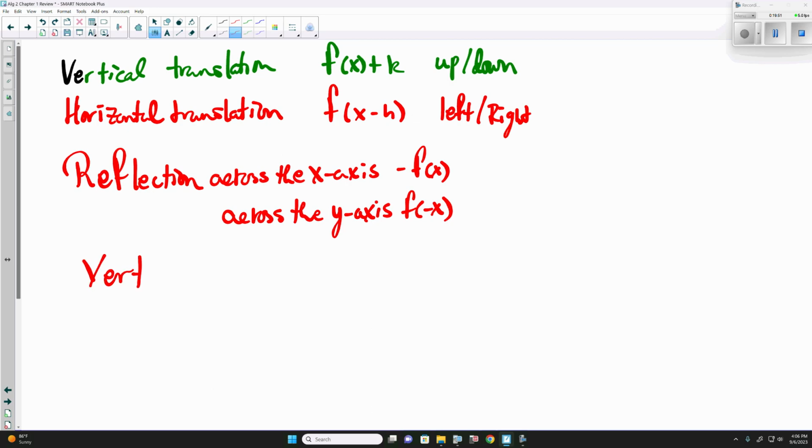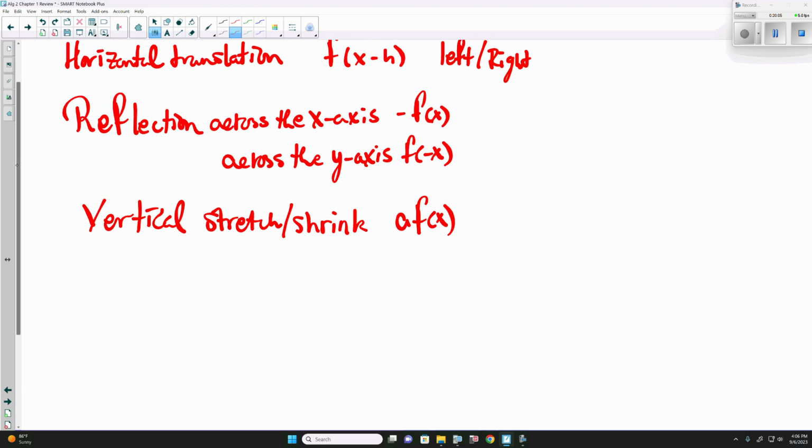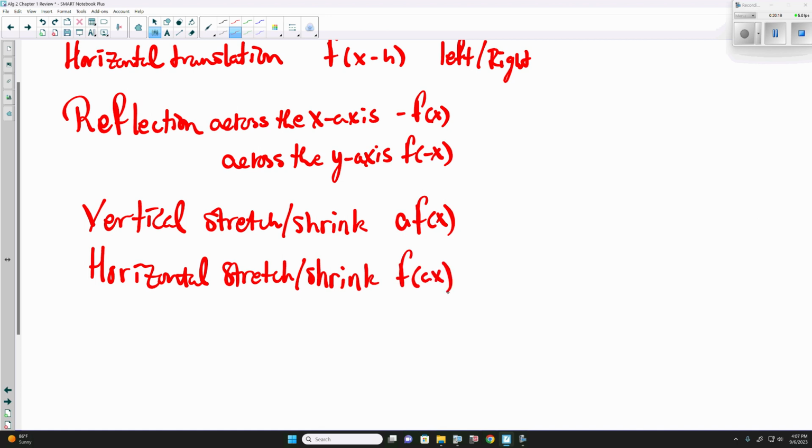The last two are vertical stretch and shrink, which is going to be our a times f of x, and our horizontal stretch slash shrink is our f of a of x, and for this one here we have to flip the value of a when we talk about horizontal.